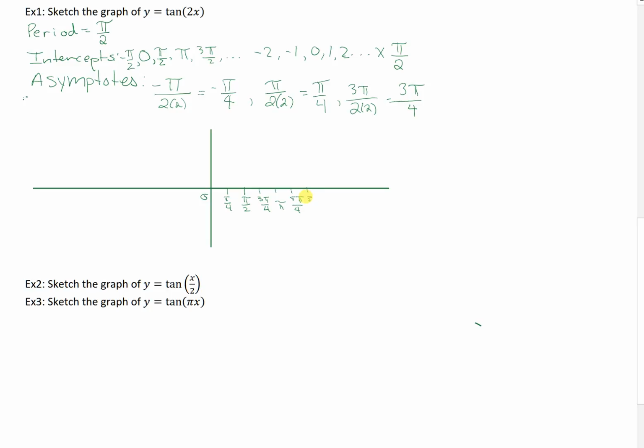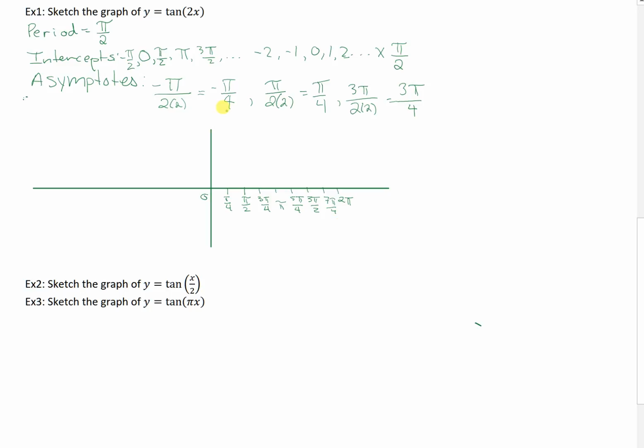This will give me 3 pi on 2, because that would have been 6 pi on 4, which reduces to 3 pi on 2, 7 pi on 4, and then finally 2 pi. It's a little bit squished in there. If you had just labeled every other one and put the tick, that would be okay as well.